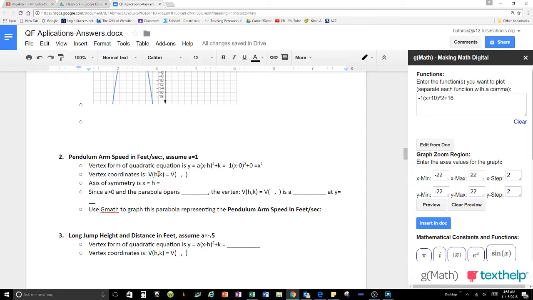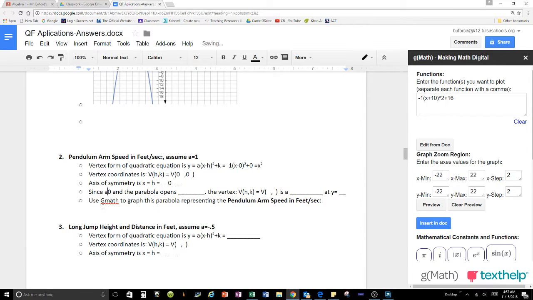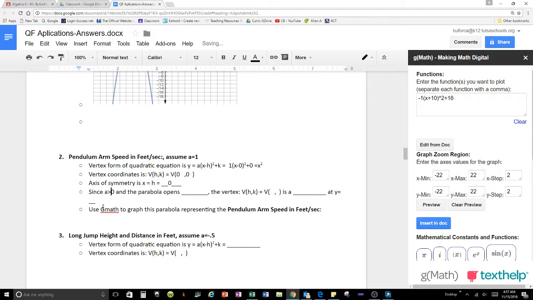Okay. And again, h and k are 0, so we put 0 here, 0 here, and the axis of symmetry is at x equals h, but h is 0, so we put 0 there. And since a is greater than 0, the parabola opens upward.